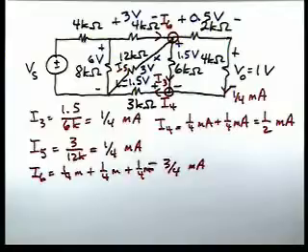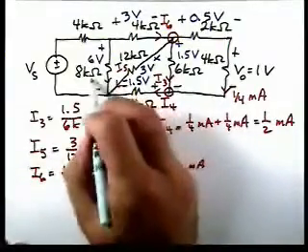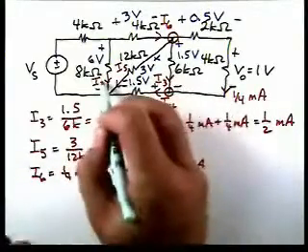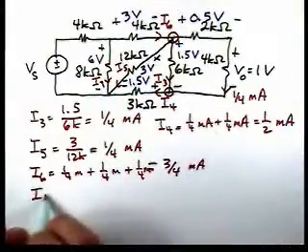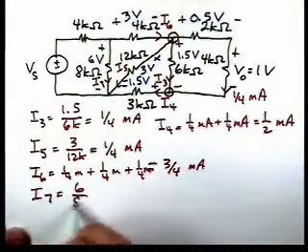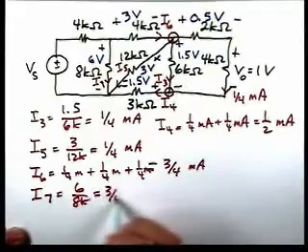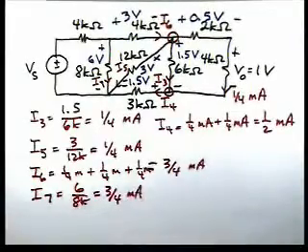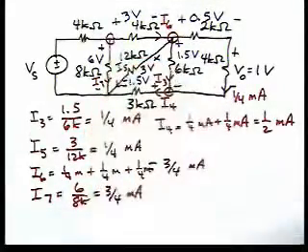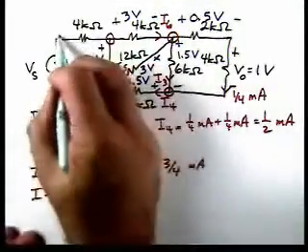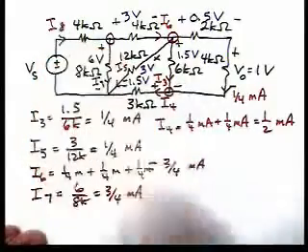Now we can calculate current I'll call I7 through the 8K resistor. So I7 is 6 divided by 8K, 3/4 of a milliamp. Now if we apply Kirchhoff's current law, we can solve for this current I8.